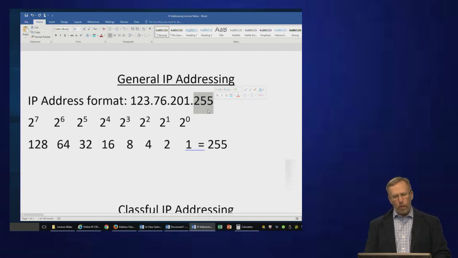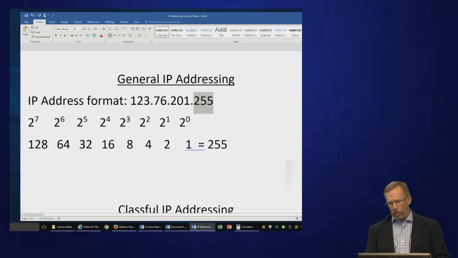So, we have an IP address, and it tells us 2 things. It tells us the network that the system is on, and it also tells us the host ID, or the host address. So how do we know how much of this is the network and how much is the host?